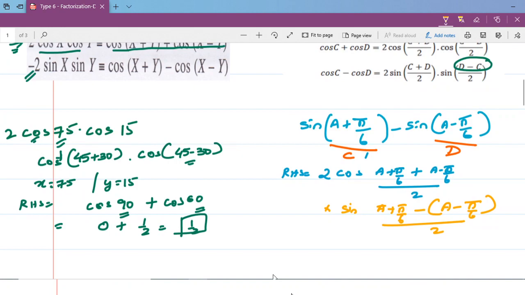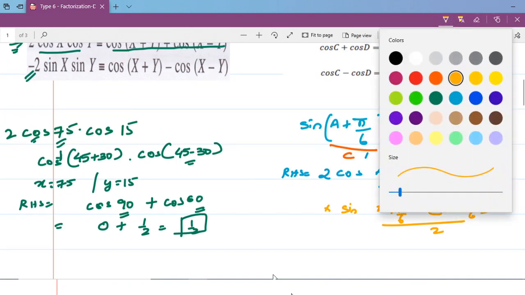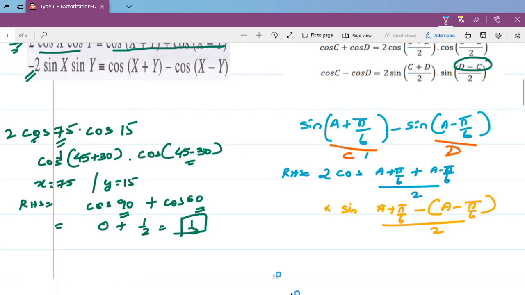So if I simplify further, let's take the blue part first. It will become 2 of cos, and if you see, A plus A is 2A. Okay, hold on, I'm writing A as a pi, hold on.